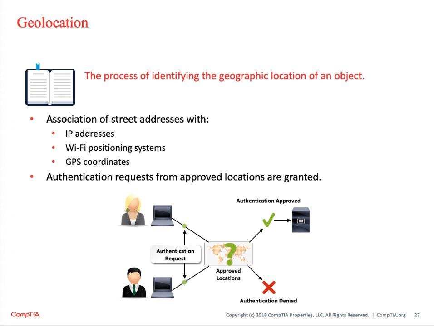We can perform geolocation with IP addresses, with Wi-Fi positioning, and with GPS coordinates. Basically, it works by looking up a host IP address in a geolocation database to see what country, region, city, whatever we're in.